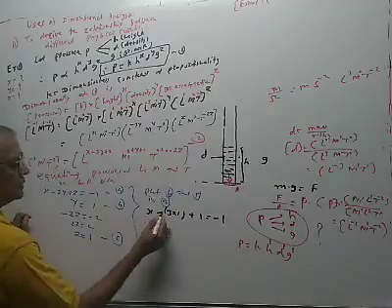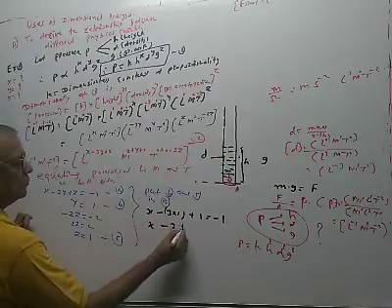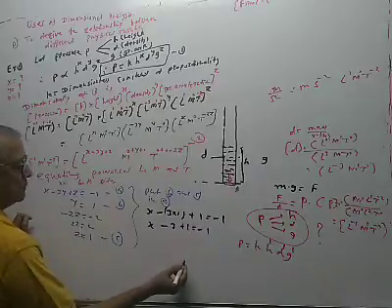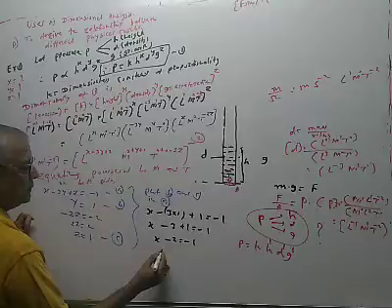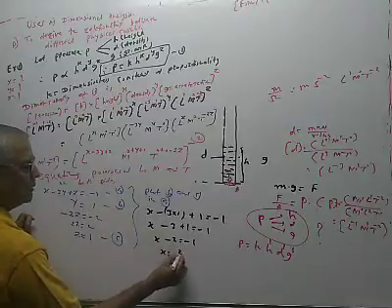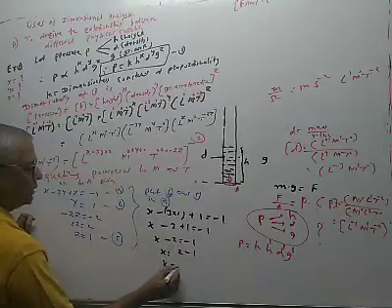So this is equal to x, this is minus 3 plus 1 is equal to minus 1. So x minus 2 is equal to minus 1, and therefore x is equal to, this 2 will become plus, so 2 minus 1, so x is equal to 1.